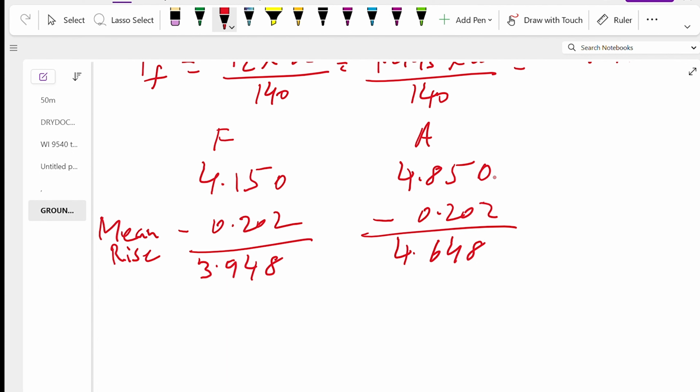And now we apply TA and TF. So the upthrust is forward of center of flotation. So of course the forward draft will reduce and aft draft will increase due to trimming effect. So minus 0.701, which we have already worked out, and plus 0.742.